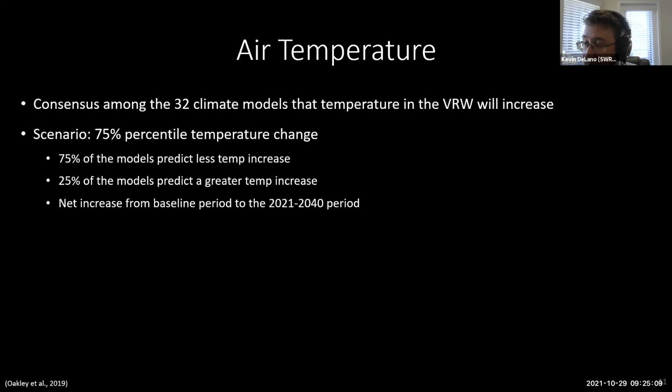How do these projections compare to the climate change factors the state has recommended for use in SGMA? That is a good question. I will come back to that. I believe the Department of Water Resources has guidance that if you are going to evaluate climate change for SGMA, look at these 10 climate projections.